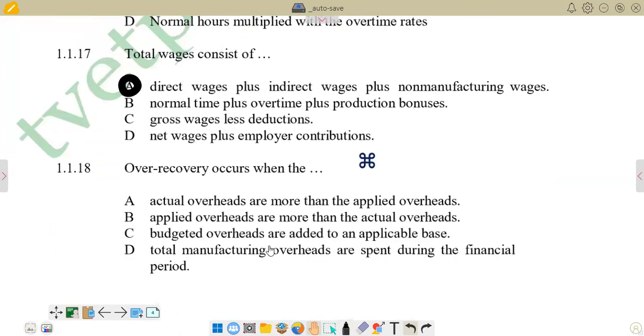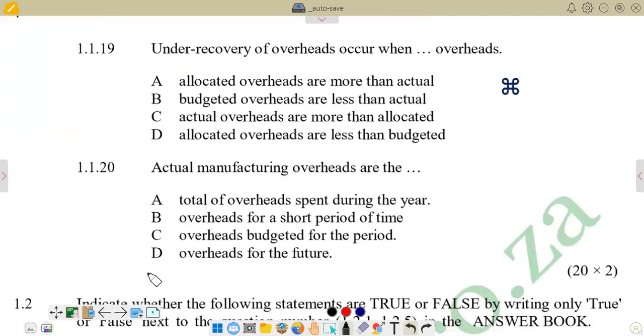Then we've got 1.1.18: over recovery occurs when, whenever there's over recovery, it means the budgeted overheads should be more than the actual overheads. So according to the responses that we have, B, which is applied overheads, which is the budgeted more than actual overheads. So we are going to pick our B. Then we can go to the next question, which is under recovery of overheads.